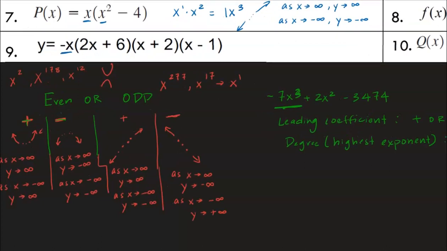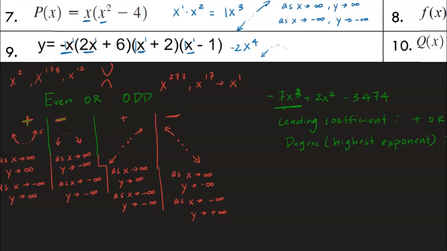Next, let's take a look at this. I am just going to look at those first terms. So that's x to the 1, 2, 3, 4. X to the 4th. I'm going to multiply the coefficients: -1 times -2 times -1 times -1. So it's going to give me -2. So it's going to be a negative and an even. It's going to be a concave down parabola.